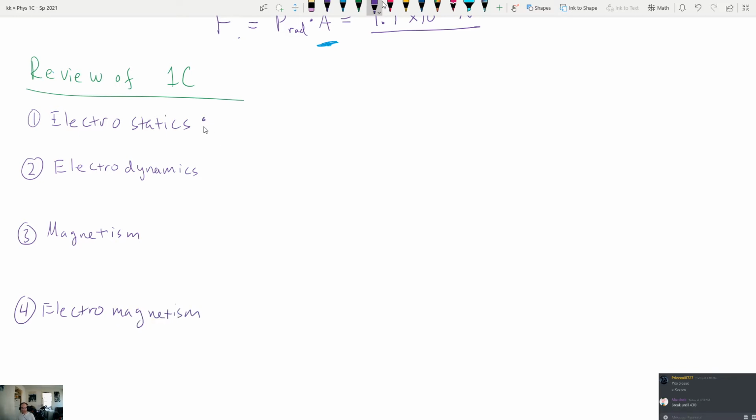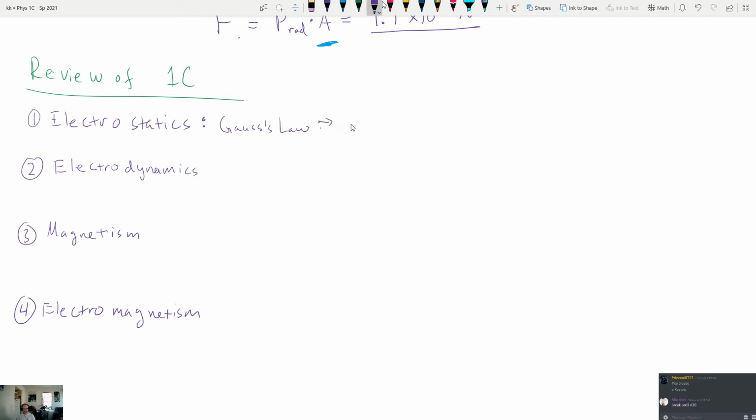Okay, for electrostatics, what did we do? Well, we talked about things like electric charges, forces, fields, electric potentials, capacitors. The vast majority of all of this is governed by Gauss's law. Gauss's law describes how most of these systems behave.